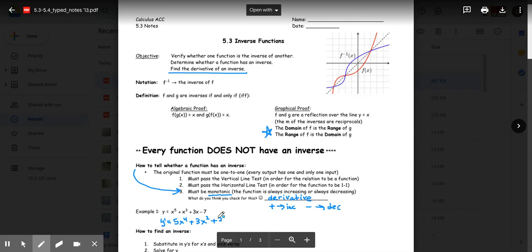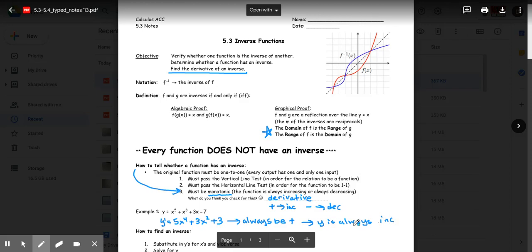And you think about this, okay? No matter what x you plug in, whether it's positive or negative, the derivative will always be positive. And if you add 3, this is always going to be positive. So that means that the original is always increasing.